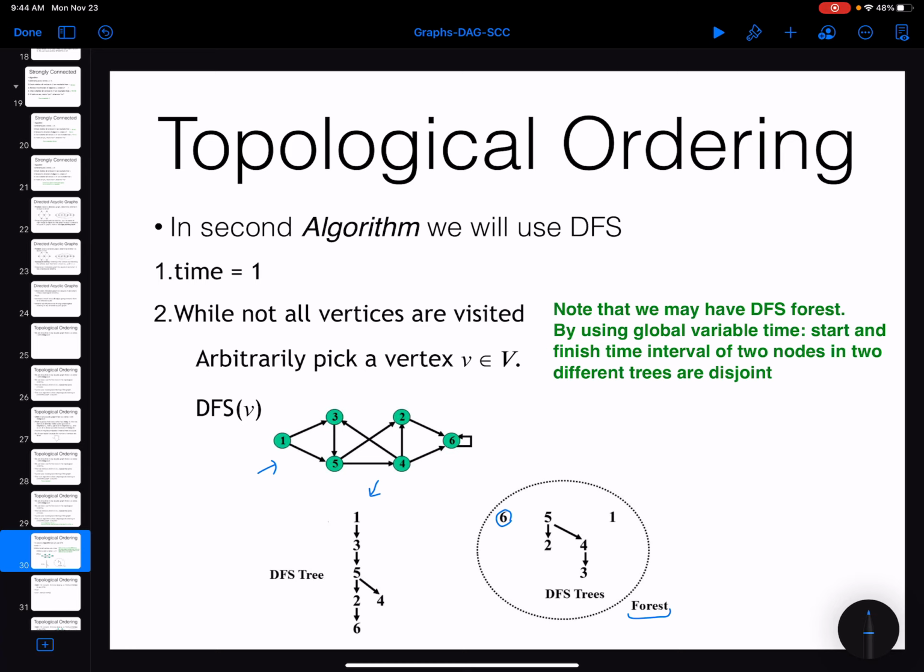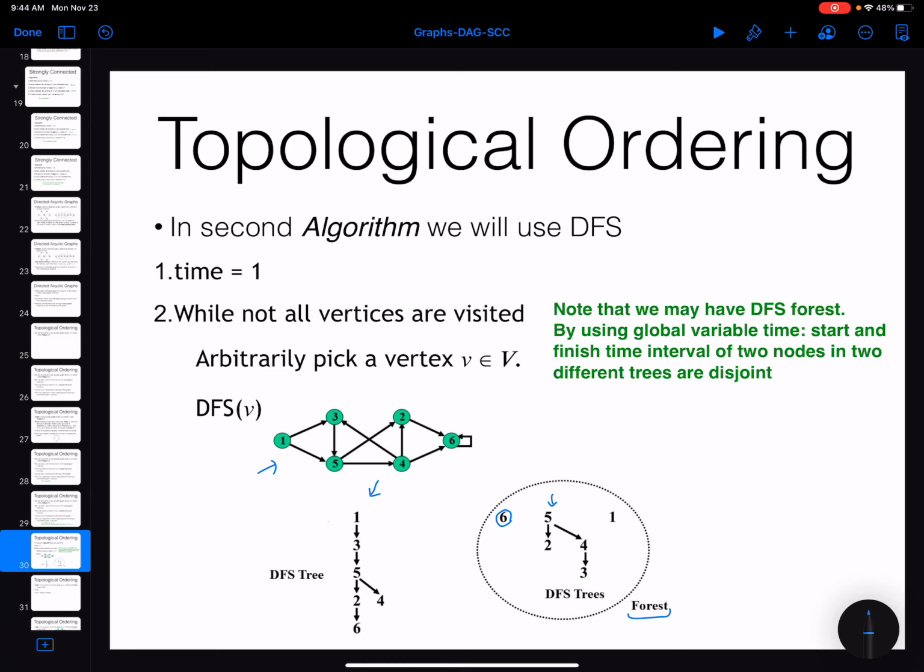So this is going to give you another tree. And again, because there are still some nodes which haven't been visited, you can just choose another node which hasn't been visited. Here there's only one more node which hasn't been visited, 1, and so 1 can only visit itself. So you have 3 DFS trees, and the result is going to be a forest.